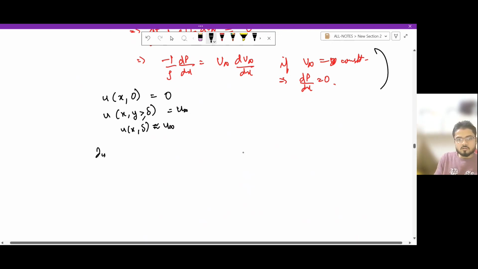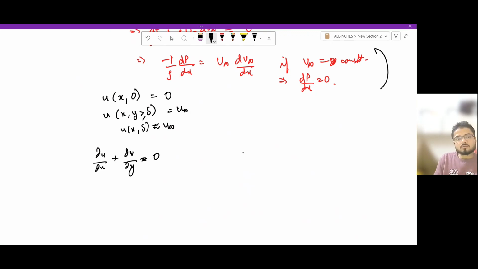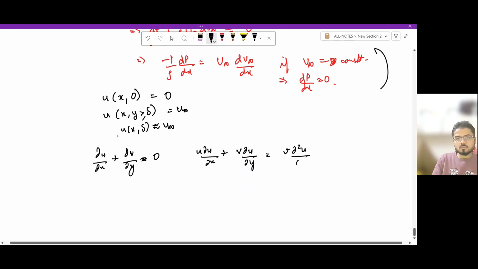Okay, so let's start our process. ∂u/∂x plus ∂v/∂y would be equal to 0. And the other equation is u ∂u/∂x plus v ∂u/∂y equal to nu times ∂²u/∂y².